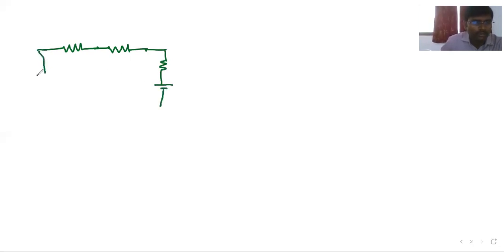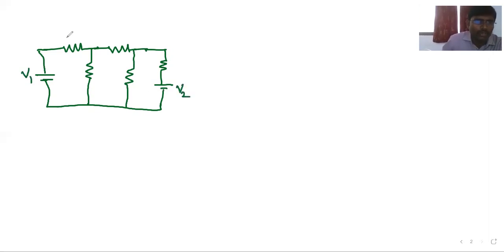Here consists of a supply V1, here it is V2, and it is R1, R2, R3, R4, R5.